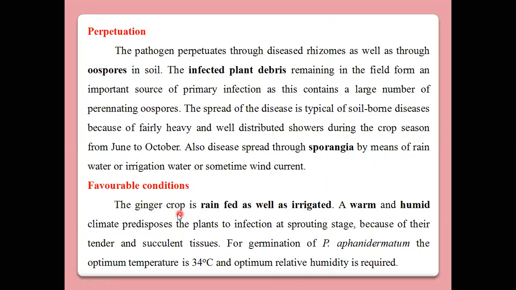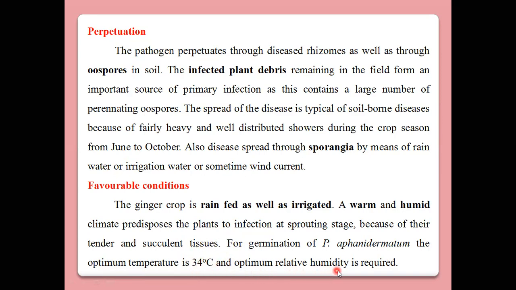Then favorable conditions: the ginger crop is rain-fed as well as irrigated. A warm and humid climate is favorable to produce the disease in ginger. The optimum temperature, that is 34 degrees Celsius, is favorable for germination of the oospores as well as the sporangiospores, that is the zoospores.